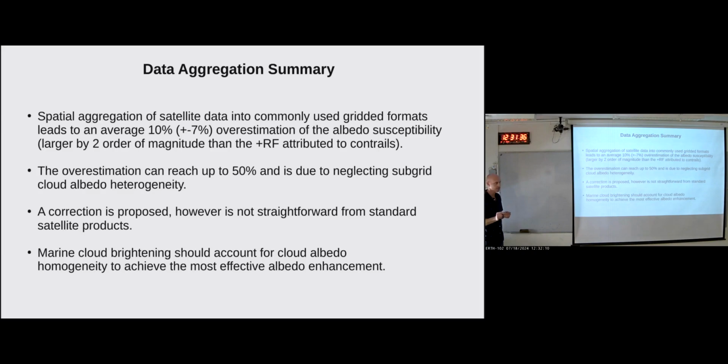This is different than what I show here, though the concept is the same. Of course, if I do aggregation first, half by half degree, 1 by 1 degree, and so on, it will probably saturate at some point. But we also need to be careful not to take too large areas, because then we can mix different cloud regimes into one scene, and this might also affect the results.